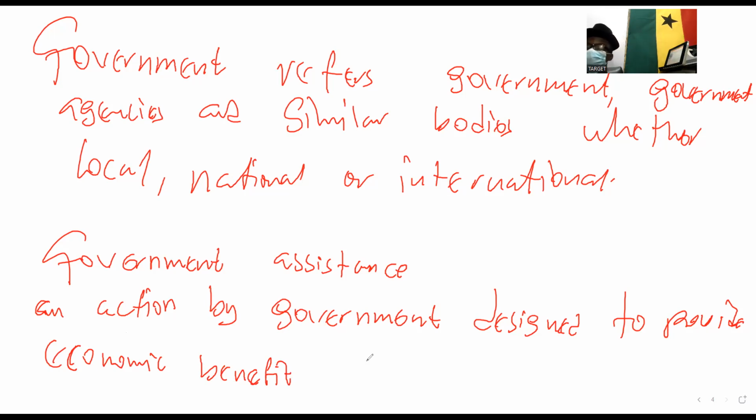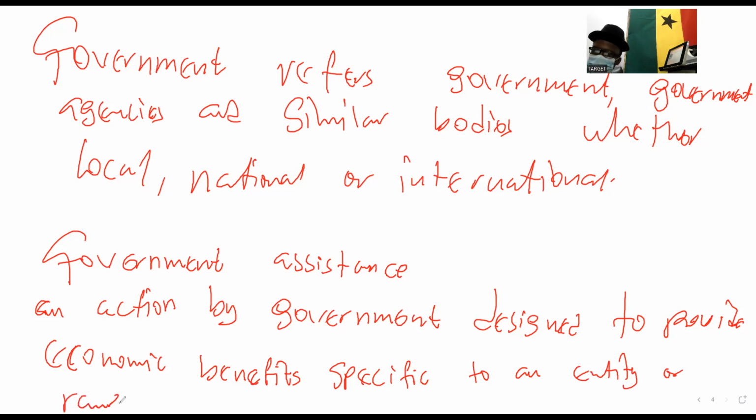For example, all farmers, a range of entities.